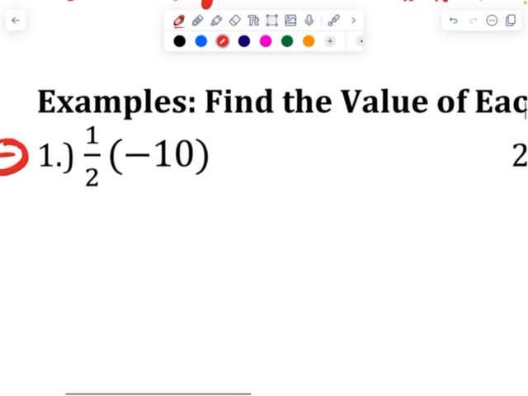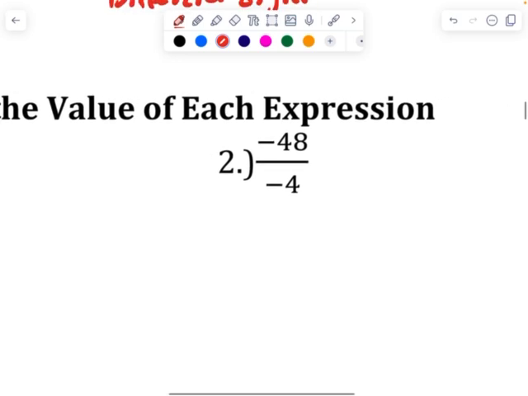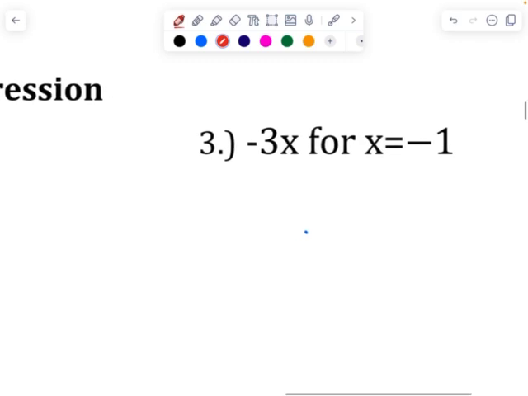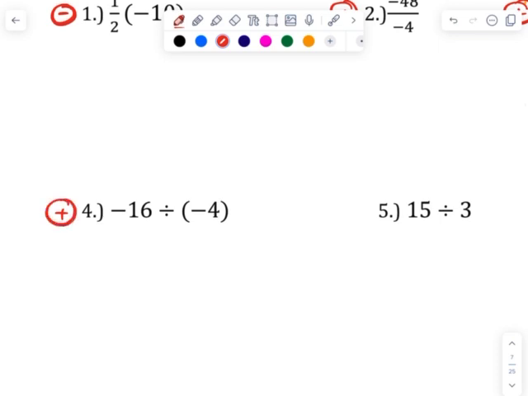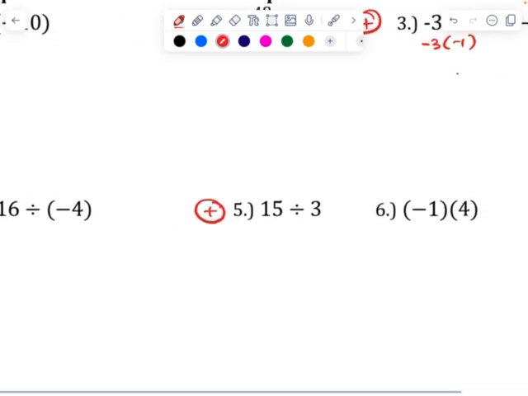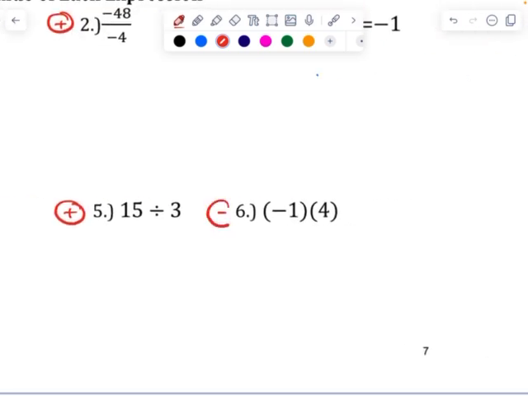All right, we said number 1 was going to be negative. Number 2, our answer should be positive. Number 3, we have to substitute, but our answer should be positive. Number 4, your answer should be positive. Number 5, your answer should be positive. And number 6, your answer should be negative.